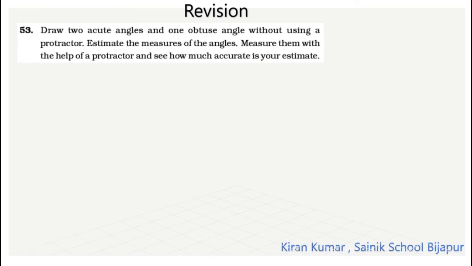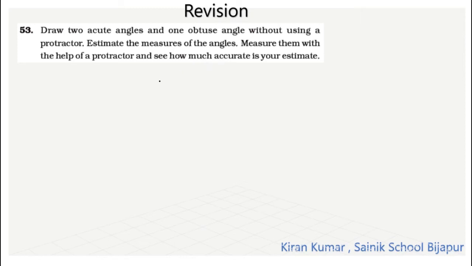Question 53. Draw two acute angles and one obtuse angle without using a protractor. Estimate the measure of the angles. Measure them with the help of a protractor and see how accurate your estimate is.